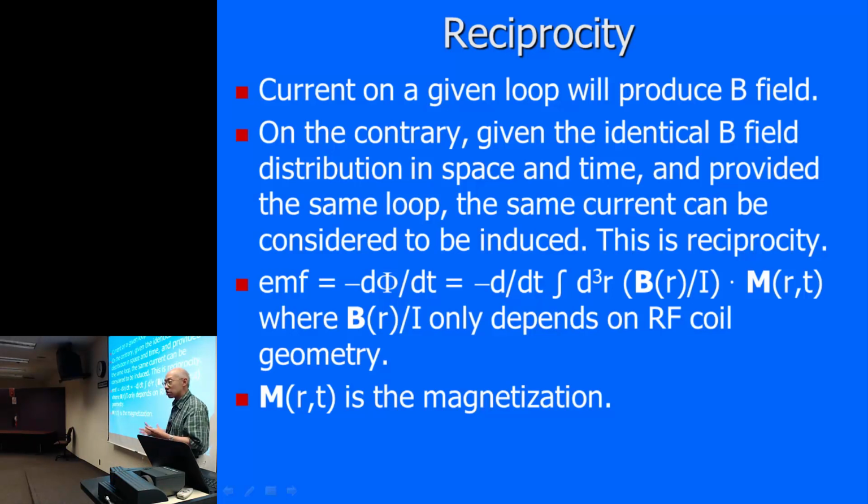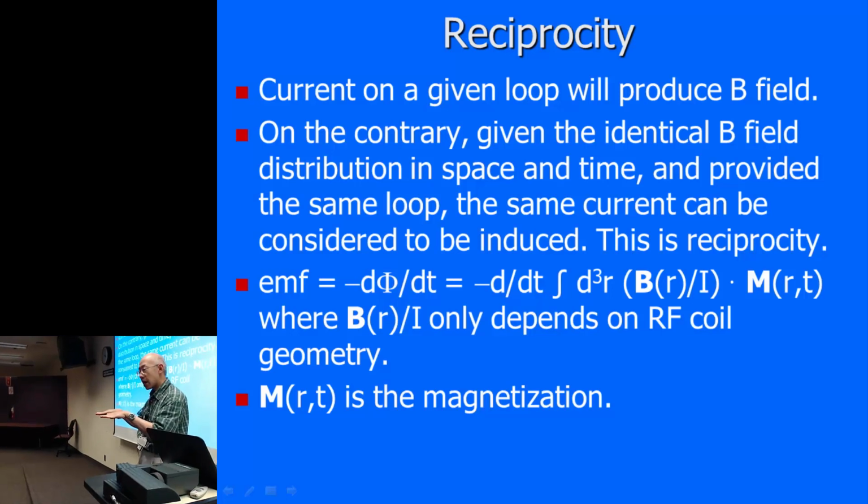So how do I actually get that induced current? Well, that induced current, in fact, is from these spins, not from this guy. It's from those spins, because at this point, what's happening is we already flipped all those spins onto the transverse plane. Now I have another coil, another loop, just to detect the fields of these spins.